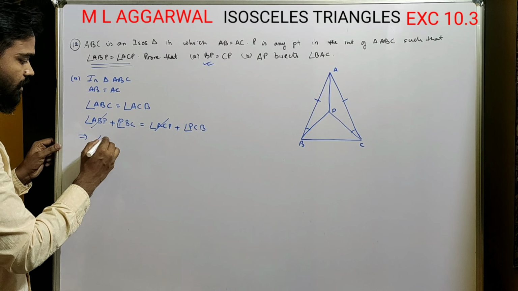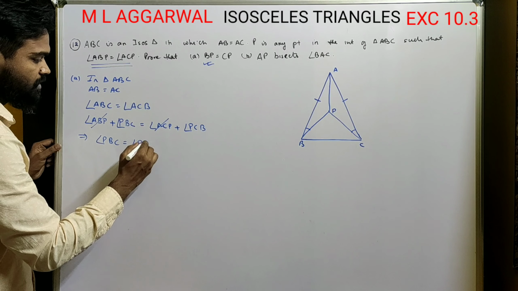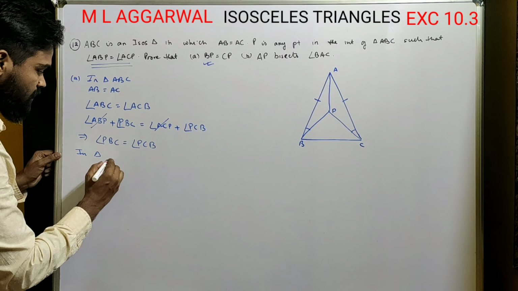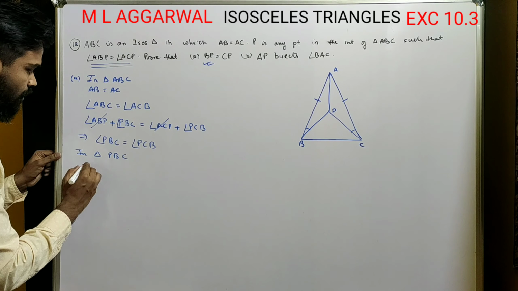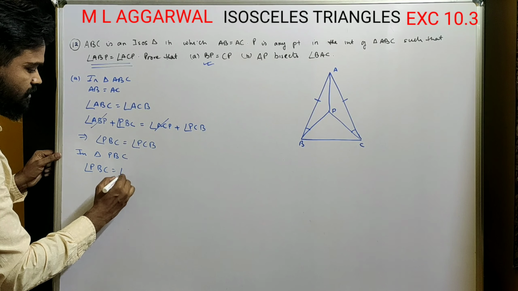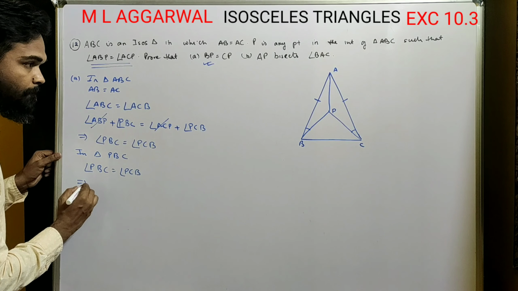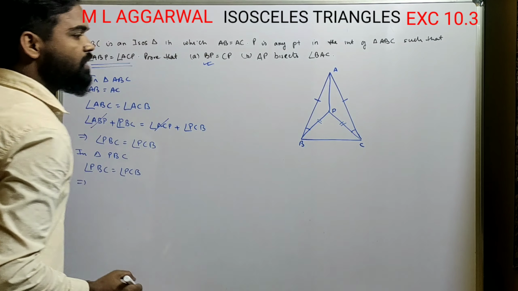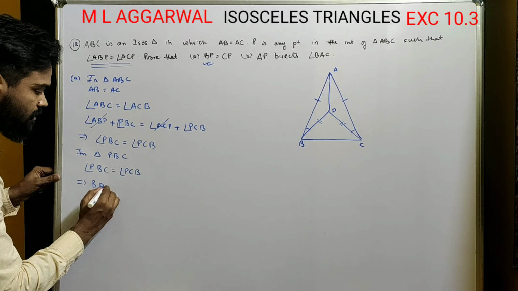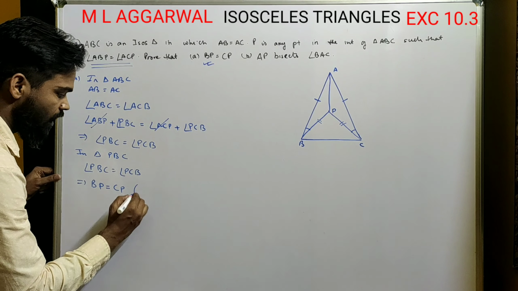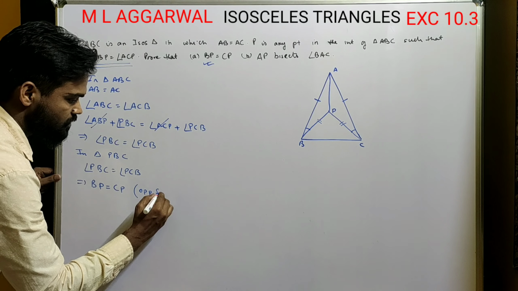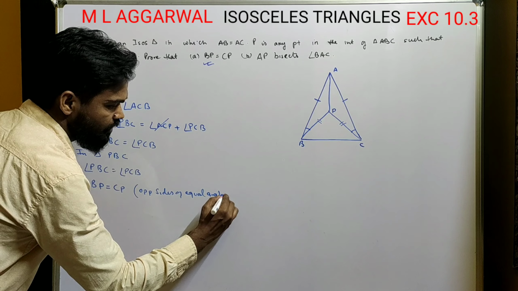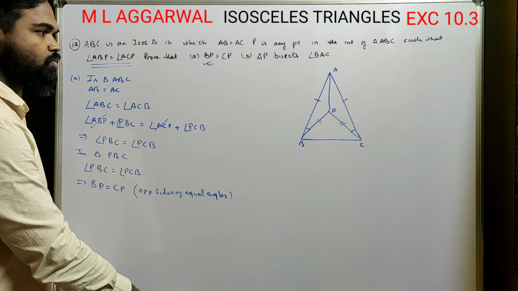So what remains? Angle PBC is equal to angle PCB. So in triangle PBC, we just got angle PBC is equal to angle PCB, which means PB will be equal to PC, which means BP equals CP. Why? Opposite sides of equal angles are equal. We know. This was the first part.